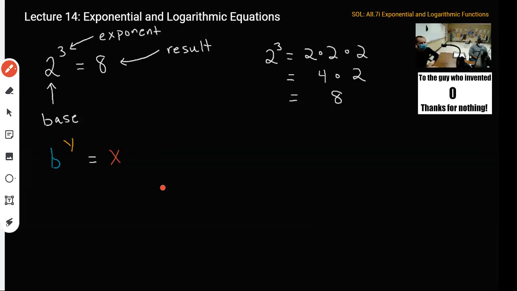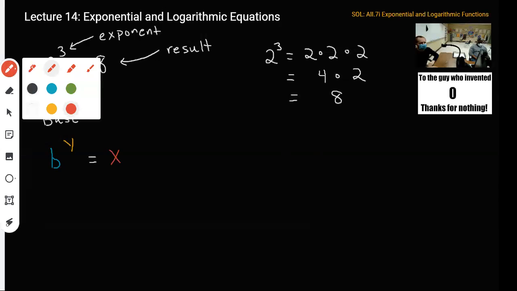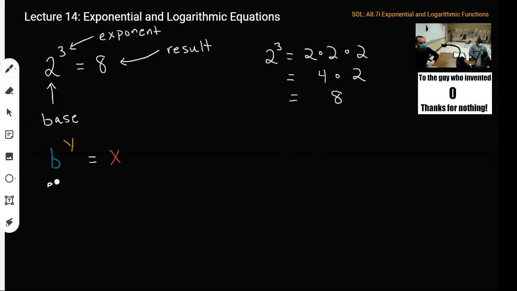So b is going to be the base, y is going to be the exponent that you're raising the base to, and x is going to be the result. This is called an exponential expression. Okay, so this is an exponential expression, or since it has the equal sign, you can call it an equation.